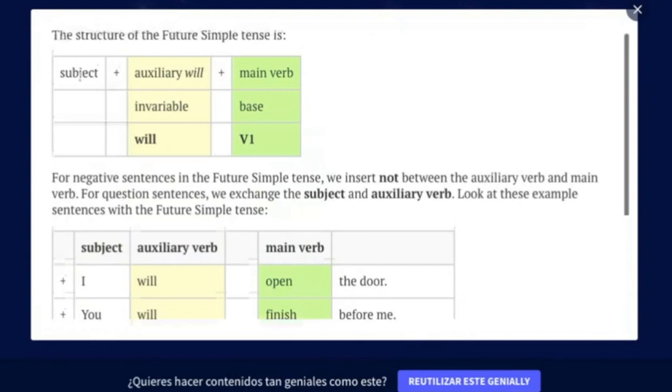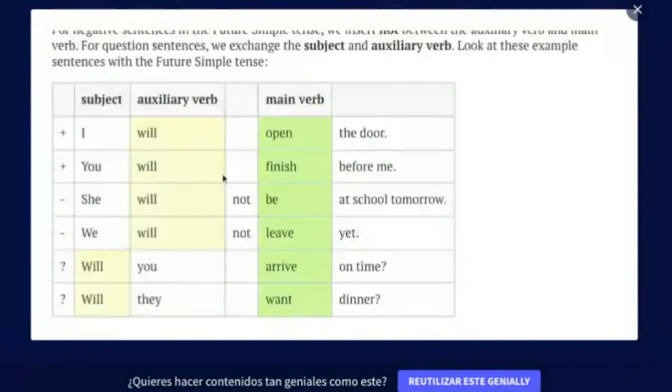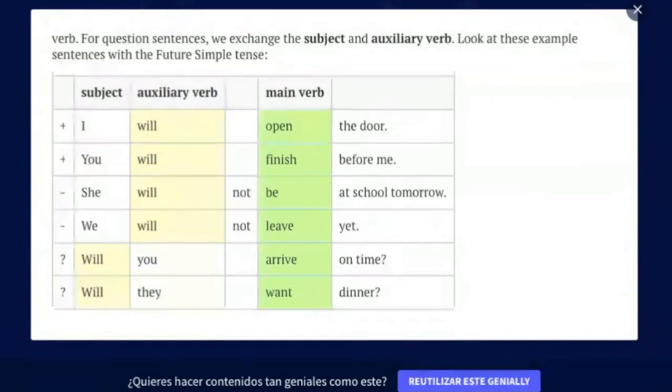Now, the negative structure is subject plus will plus not plus the main verb and the complement. For example, she will not be at school tomorrow. We will not leave yet. But there is another way to express this negative, which is won't. I'm going to write on the chat.